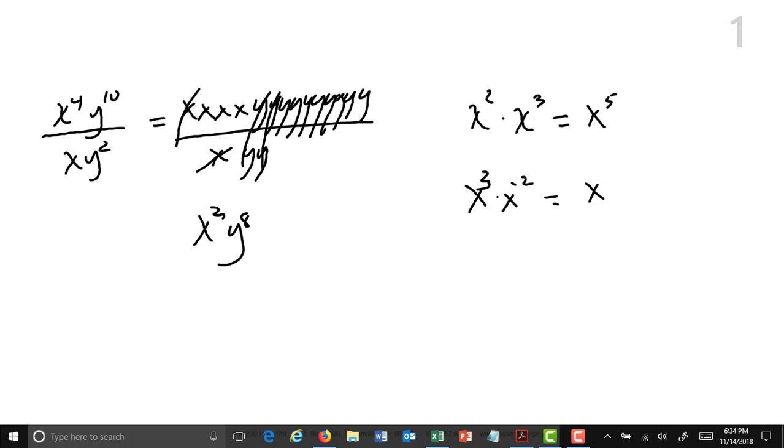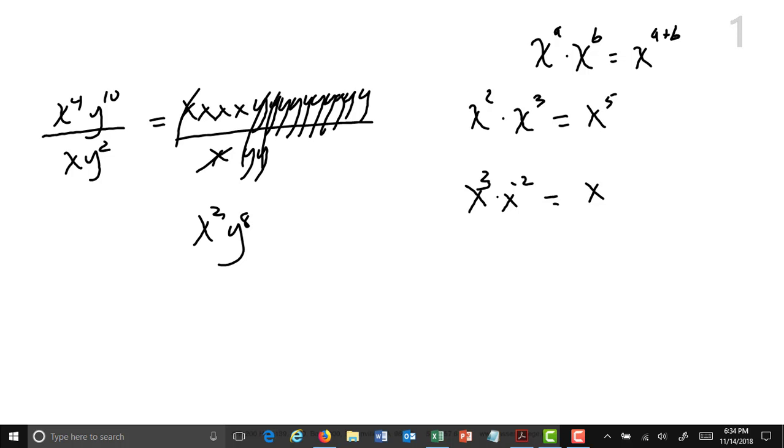So look what happens here. You can take 2 copies and 3 copies and count them all up and say there's 5 copies. Or more generally, you should know the rule that x raised to the a power times the same base x raised to the b power is in fact equal to x to the a plus b. You see it?